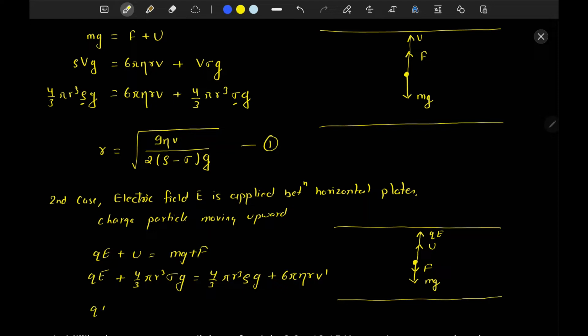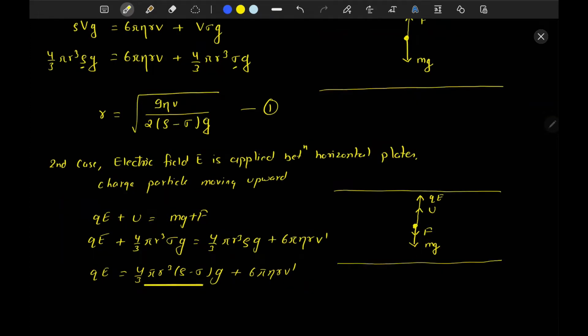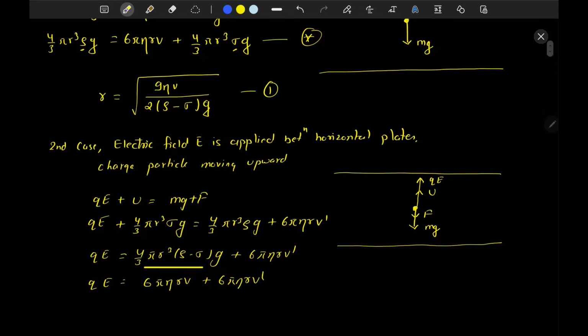So this becomes QE plus 4 by 3 pi r cube sigma g is equal to 4 by 3 pi r cube rho g plus 6 pi eta r v dash. This simplifies using the first equation: QE is equal to 6 pi eta r v plus 6 pi eta r v dash. This gives QE is equal to 6 pi eta r (v plus v dash).